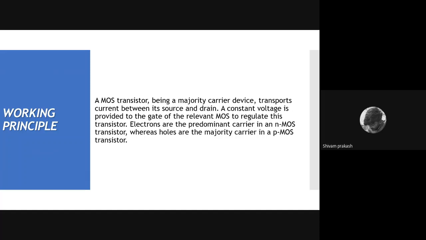Electrons are the predominant carrier in an NMOS transistor, whereas holes are the majority carrier in a PMOS transistor. To learn about the behavior of the MOS transistor, an isolated MOS structure with a gate and body is analyzed. The image below shows a sample MOS structure.